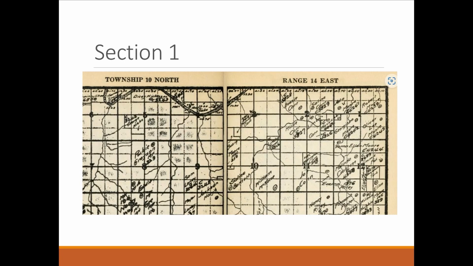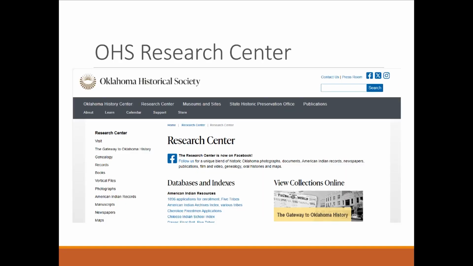Sometimes these took a little different configuration than a square. Sometimes they're a rectangle. Often there's relatives in the area. And we'll go to the Hastings Map Book because you can go straight to it and talk about how you can look at the neighbors.